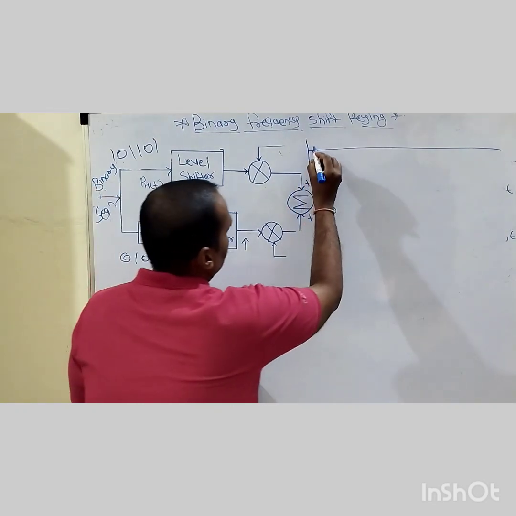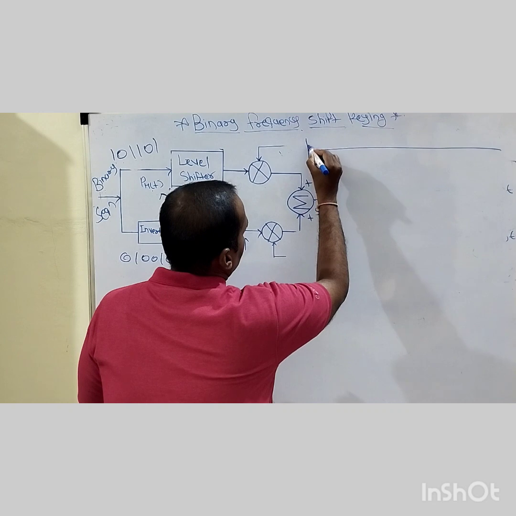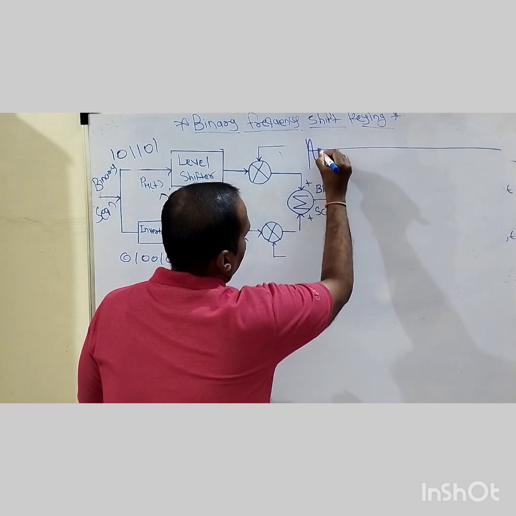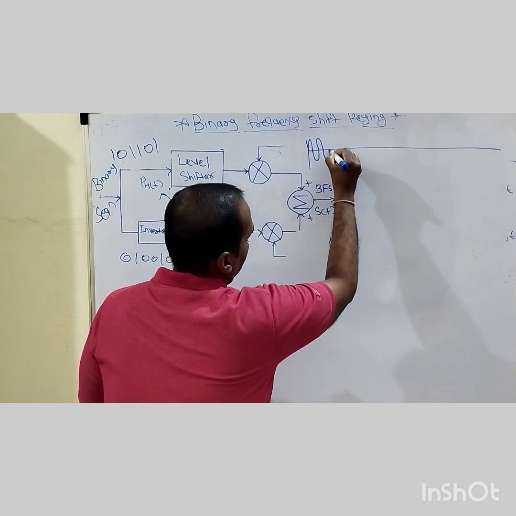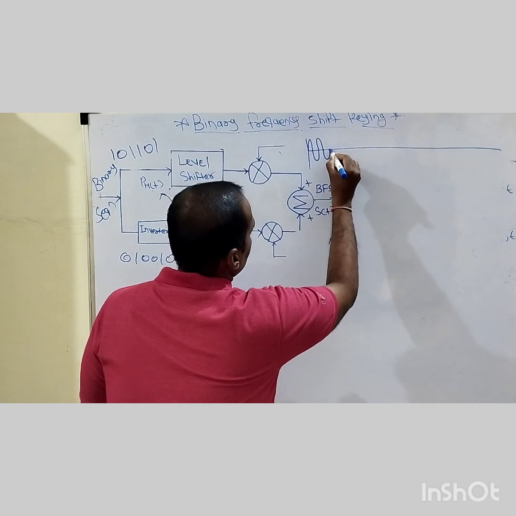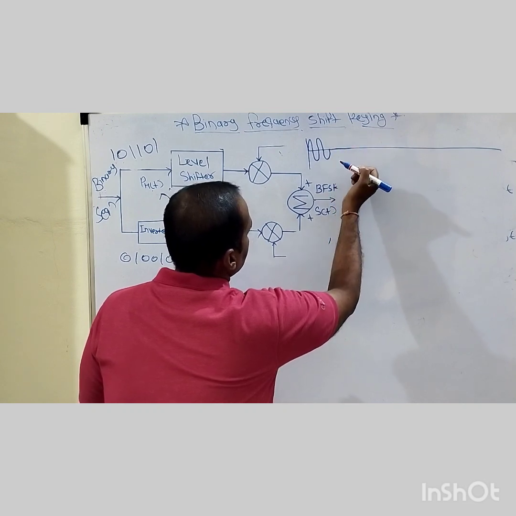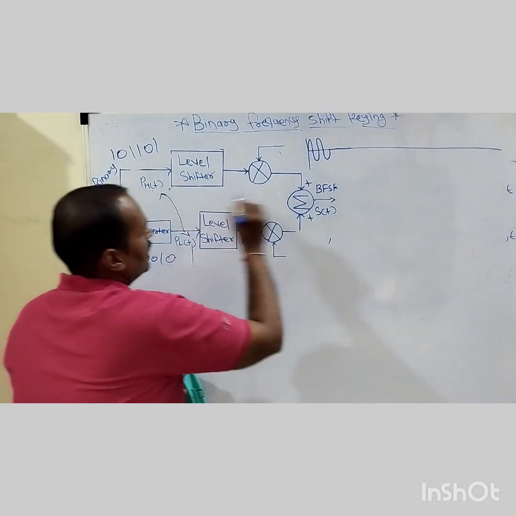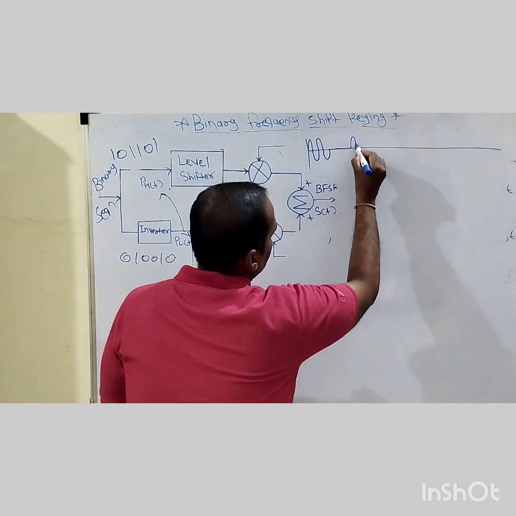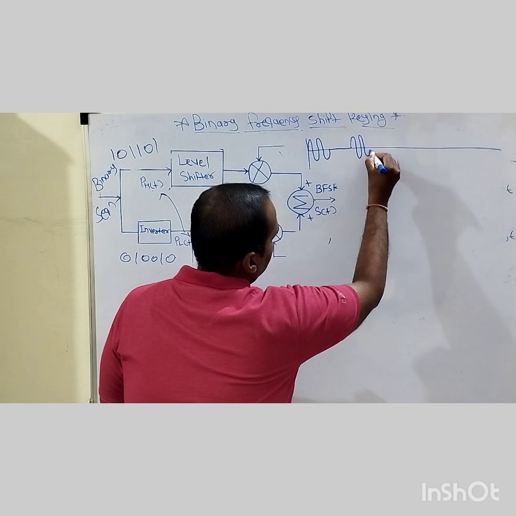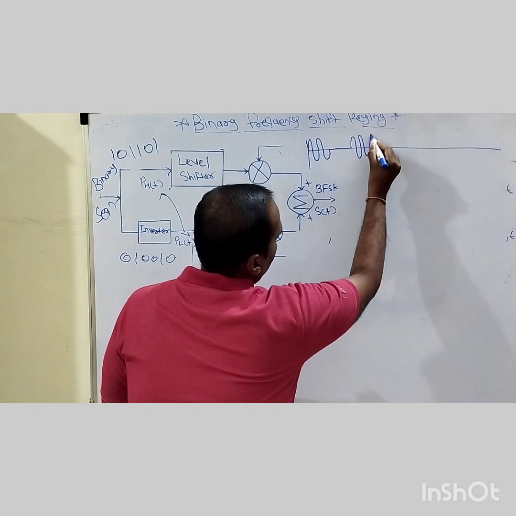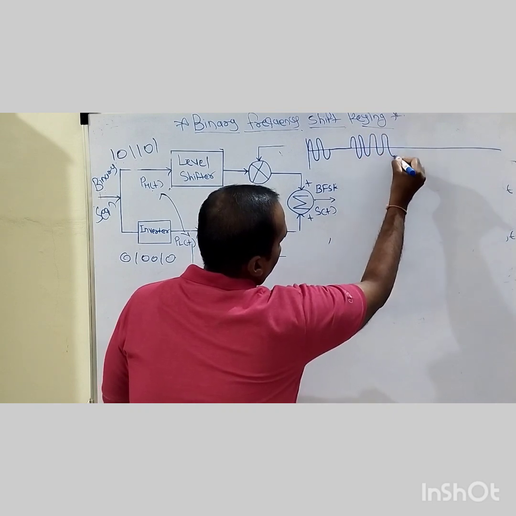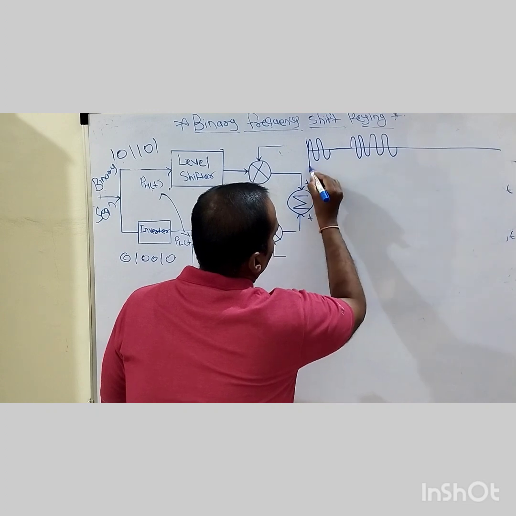During each signaling interval, these sinusoidal signals are transmitted like this for binary 1. Then for binary 0, the output of the level shifter is 0. Then again for two times we have binary 1, so the high frequency is multiplied with binary 1. This is the bit duration for one bit, and this is the bit duration for another bit.